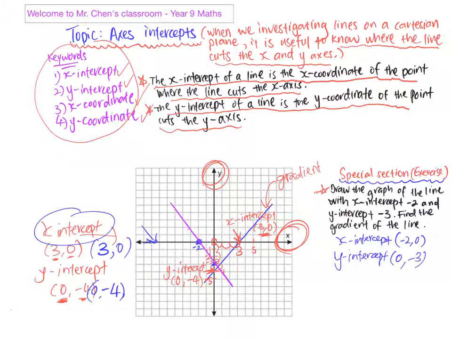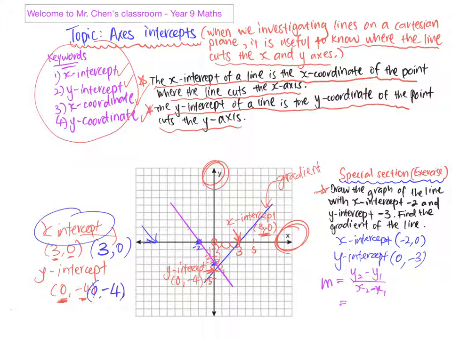Okay, so the next part is to find the gradient. Now that we have the line, the gradient, if you can remember, is y2 minus y1 divided by x2 minus x1. It's quite simple.